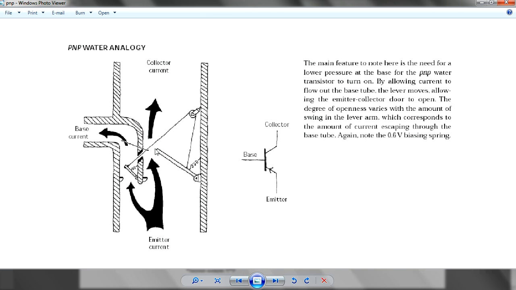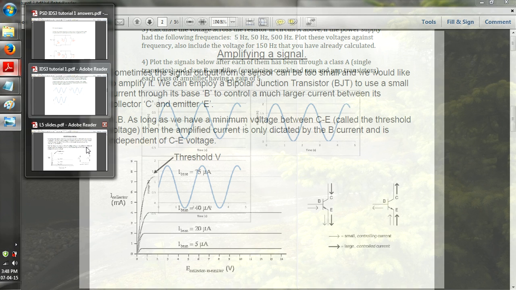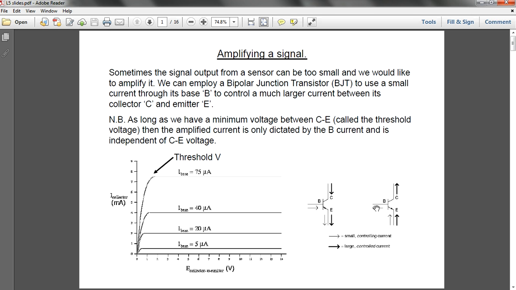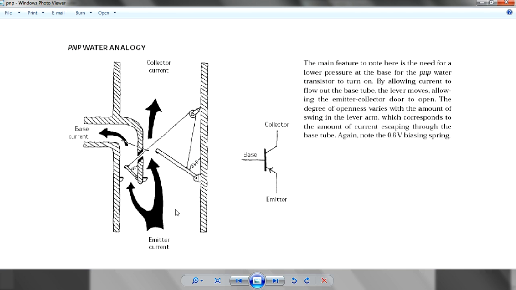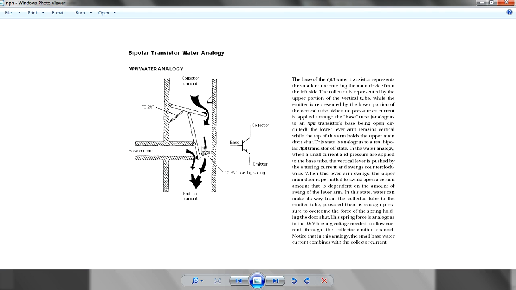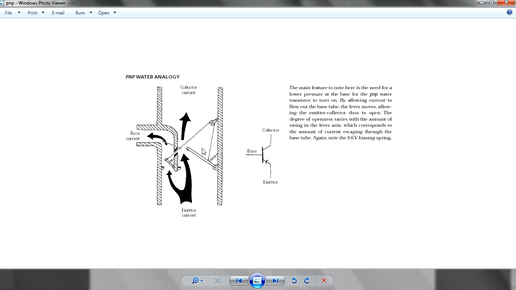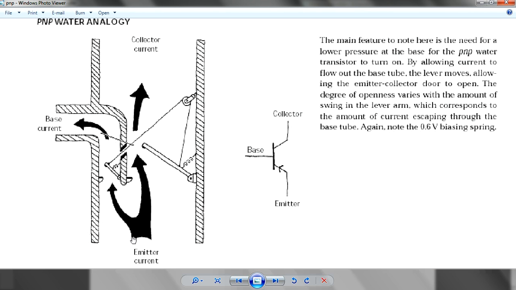Now for the PNP water analogy. Previously I was talking about this one, and I said it's not good enough, so I'll just use this one. This one is PNP, which is different from NPN. The difference is that here you have an emitter current all the way flowing through.